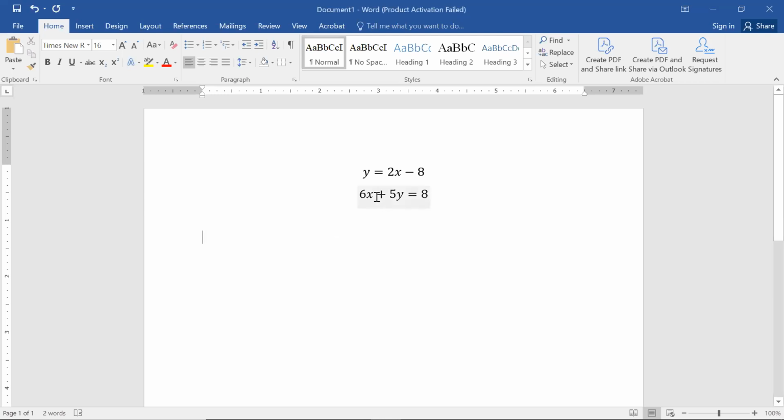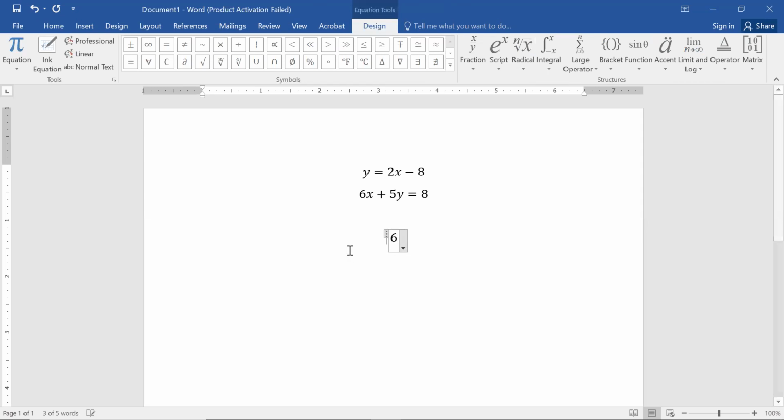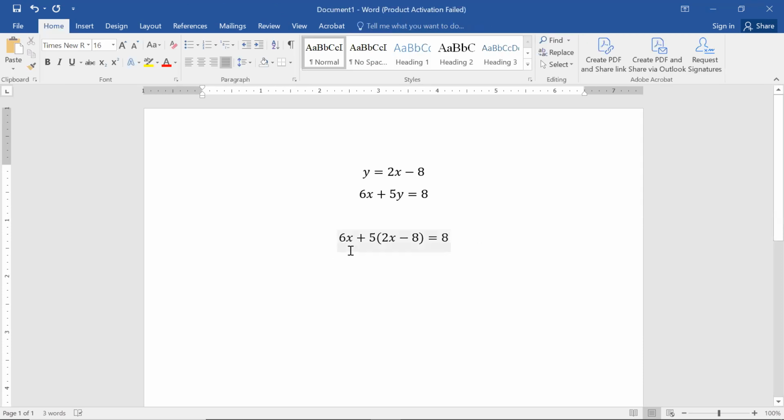So when we go to solve this, we're going to take the expression 2x minus 8 and substitute it in for the y in our second equation. So I rewrite the second equation, 6x plus 5y equals 8. And then I take out the y, and in its place, I put in 2x minus 8.